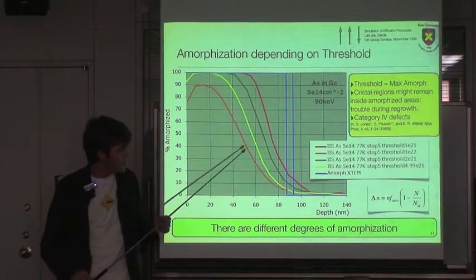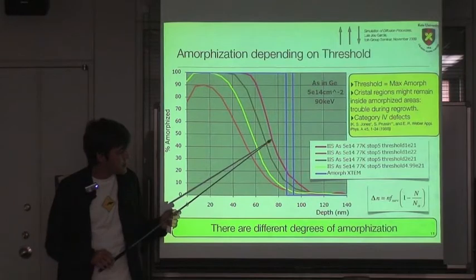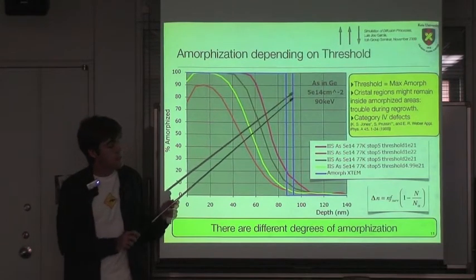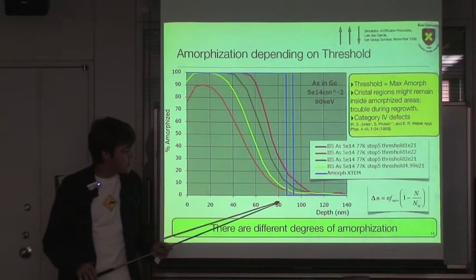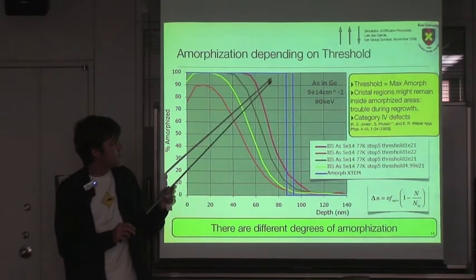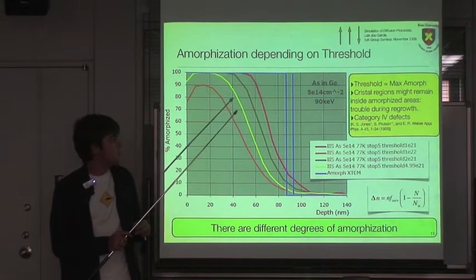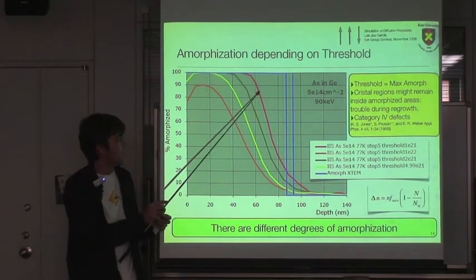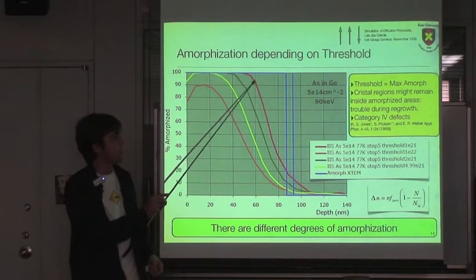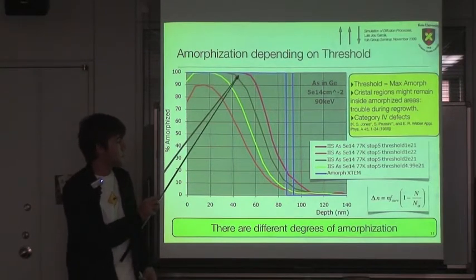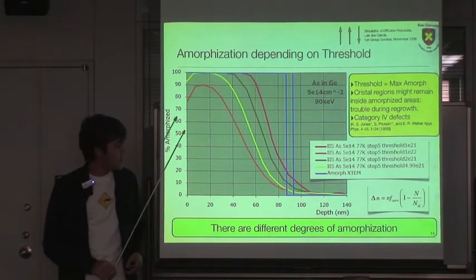So as you can see, when we decrease that maximum damage, the amount of amorphization becomes higher. Just because if we have our limit lower, it's easier to reach that limit, so get 100% of amorphization.